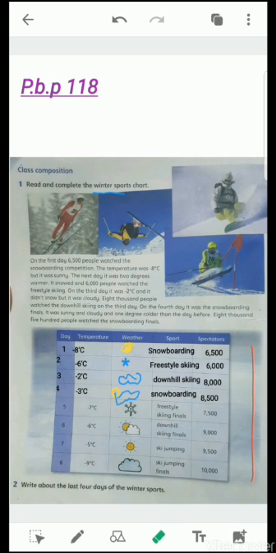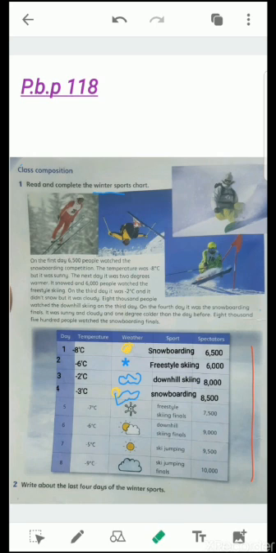Let's move to day number 3. Okay. On the third day, it was -2 degrees Celsius, and it didn't snow, but it was cloudy. The weather is cloudy. The temperature is -2. 8,000 people. The number of the spectators, 8,000. 8,000 people watched the downhill skiing on the third day.